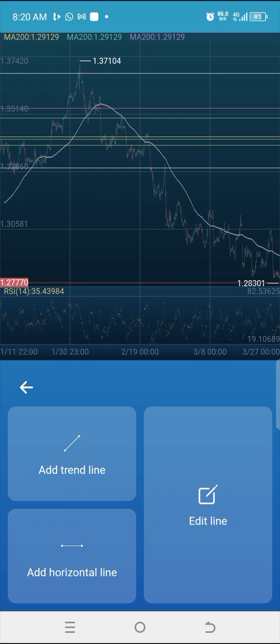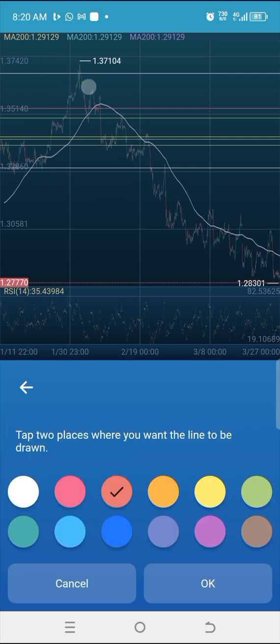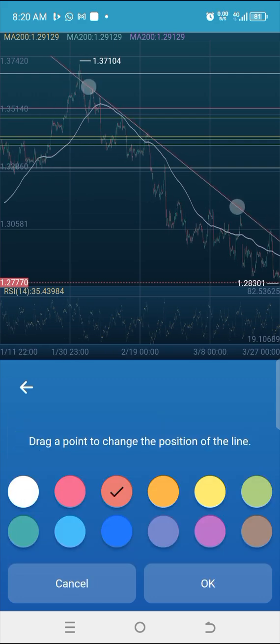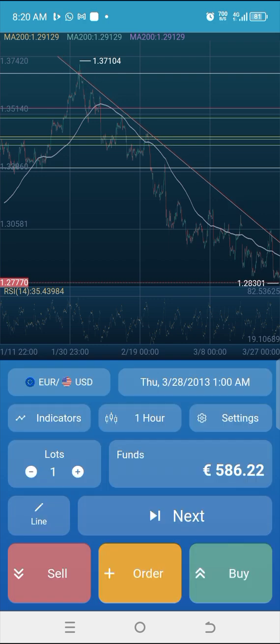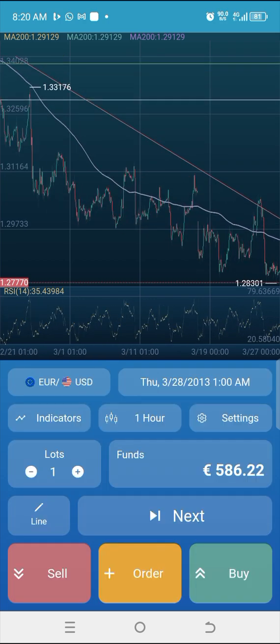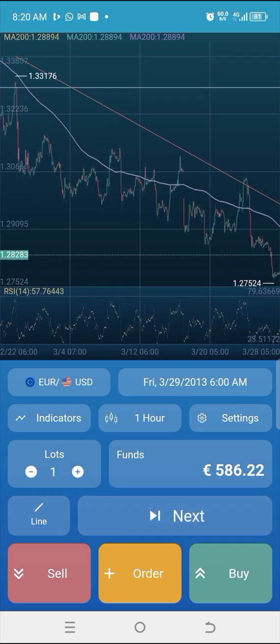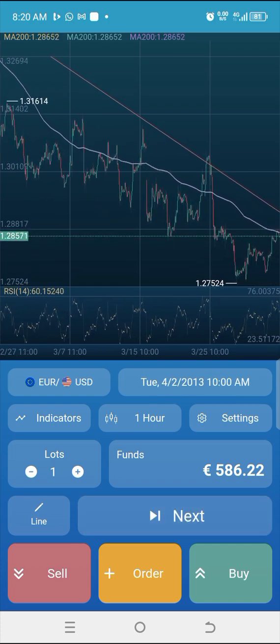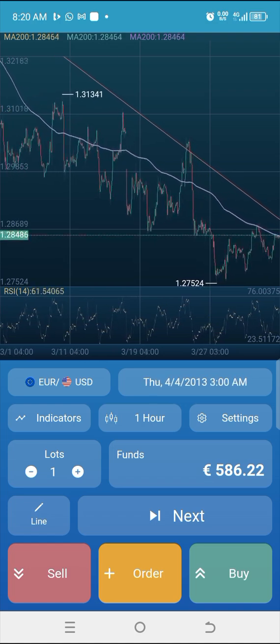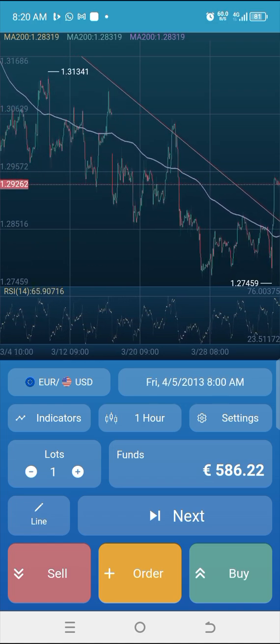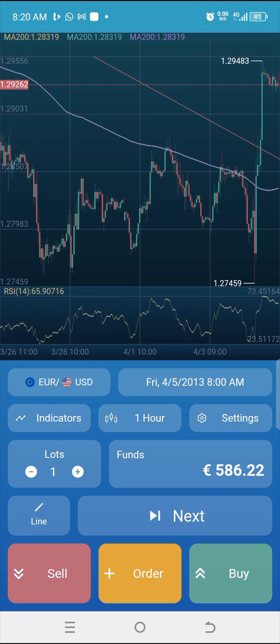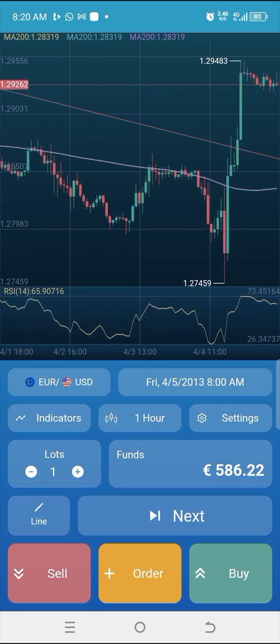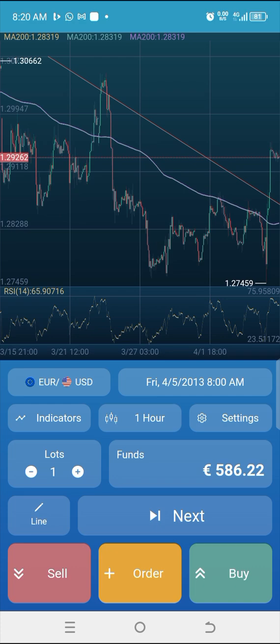So, just put it into my trend line. Okay. We have the breaking trend line.